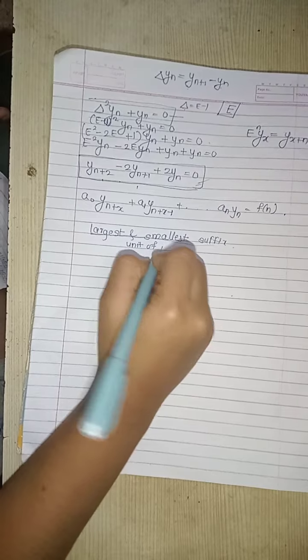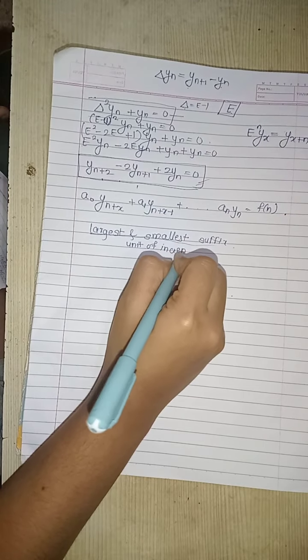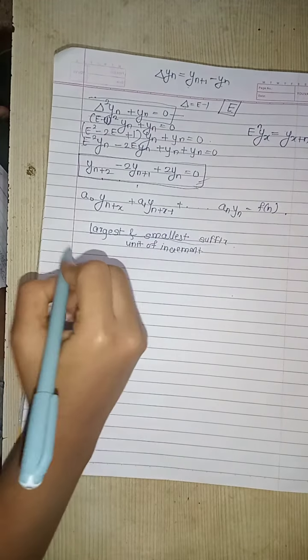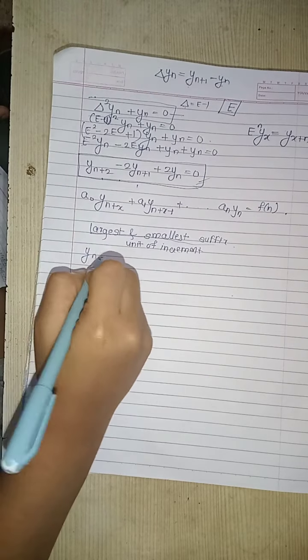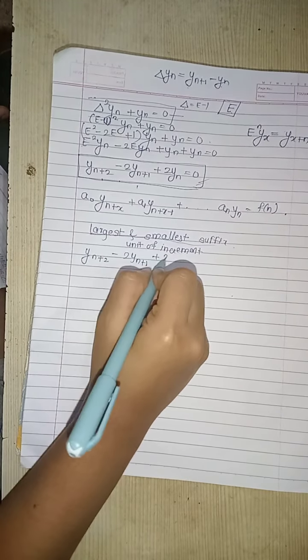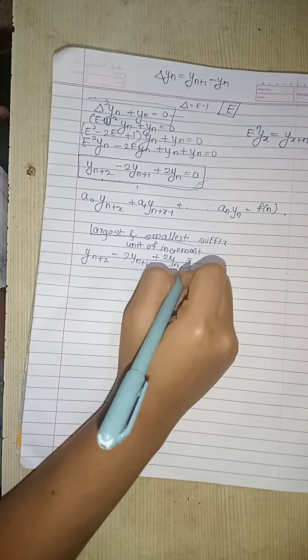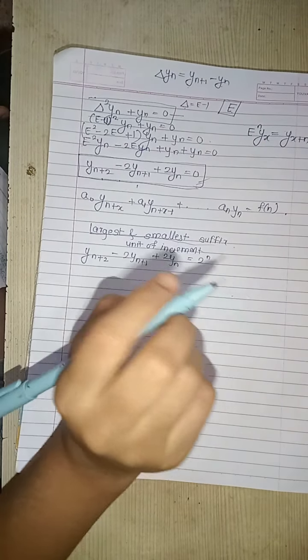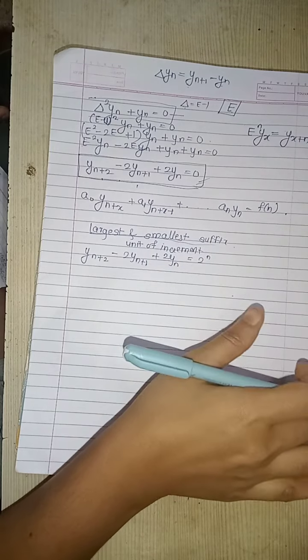So what does it mean? Let's see one example so that it's easy. y(n plus 2) minus 2y(n plus 1) plus 2yn equals 2 raised to n. This is the given difference equation.